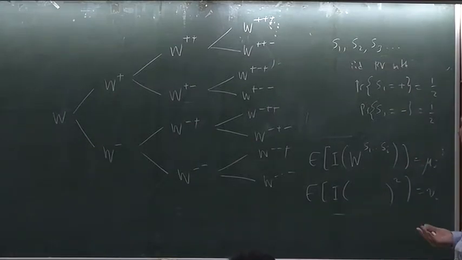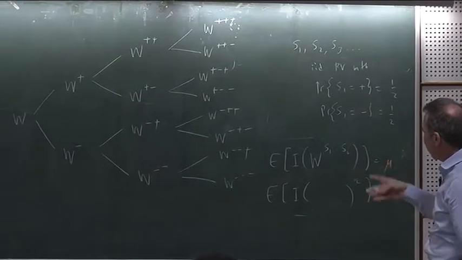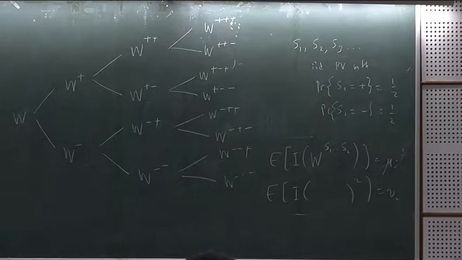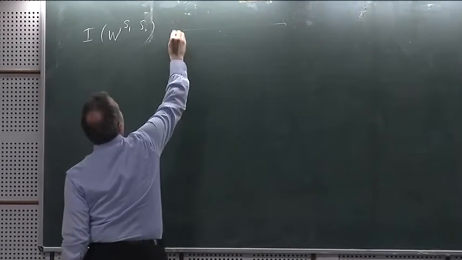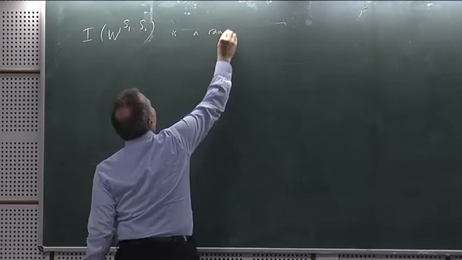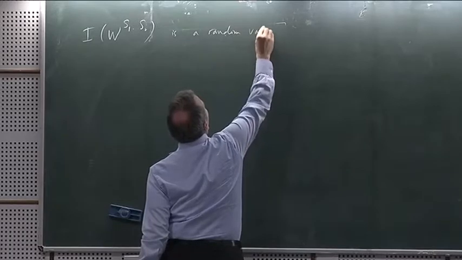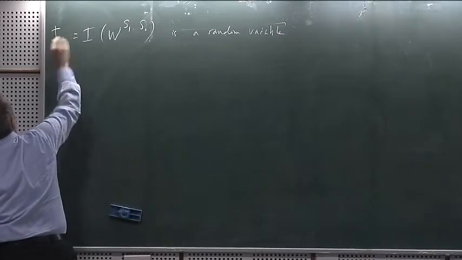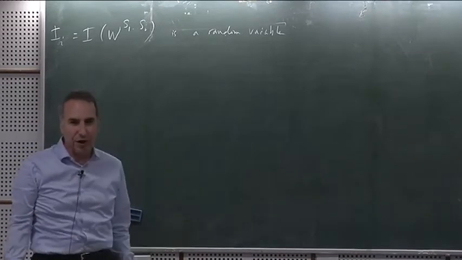Okay. All right. So, and in fact, let me actually define these things. Okay. So in this thing, the I of the W S1 up to SI is a random variable. Let me give this thing a name. Let me call this thing I sub small I. Okay.